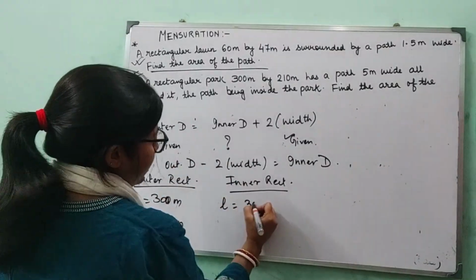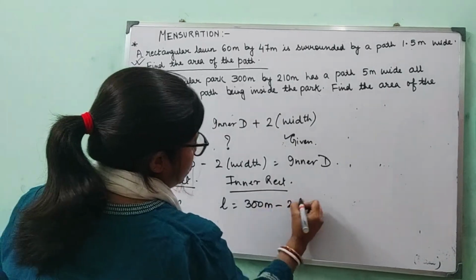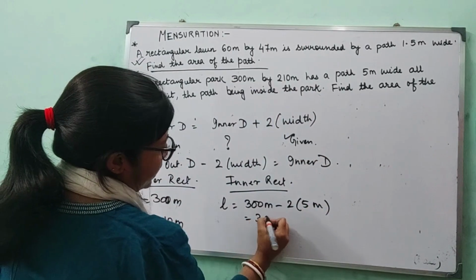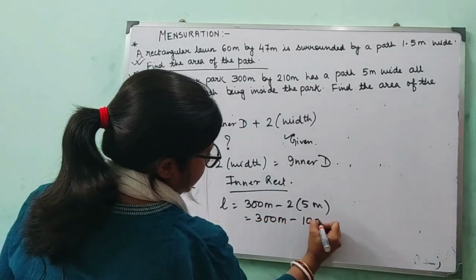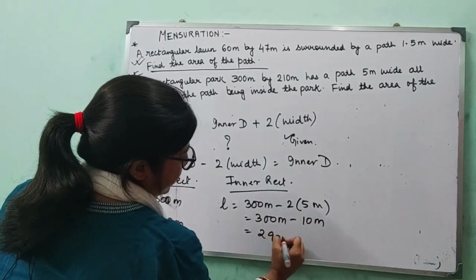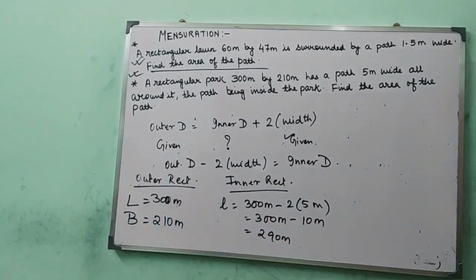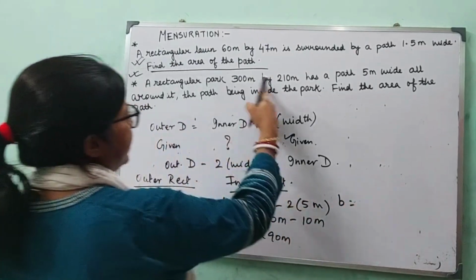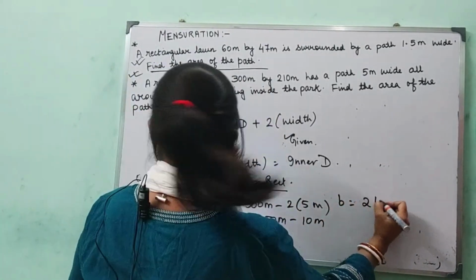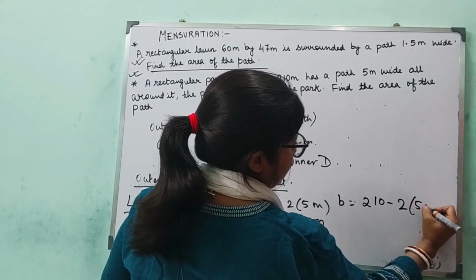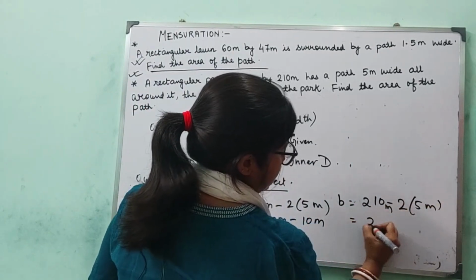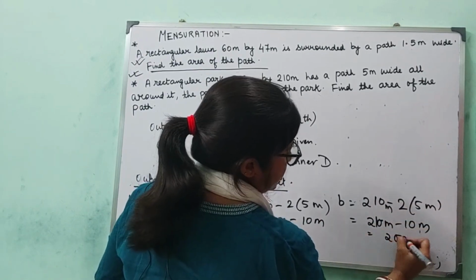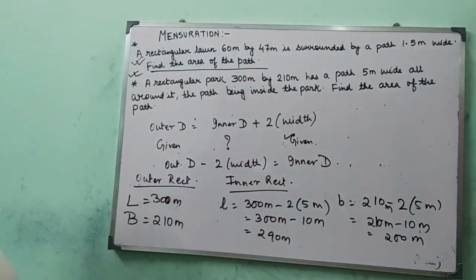So that is 300 meter minus 2 times 5 meter, that is 300 meter minus 10 meter, 290 meter. And your breadth will be 210 minus 2 times 5 meter, that is 200 meter. So I have got the inner dimensions.